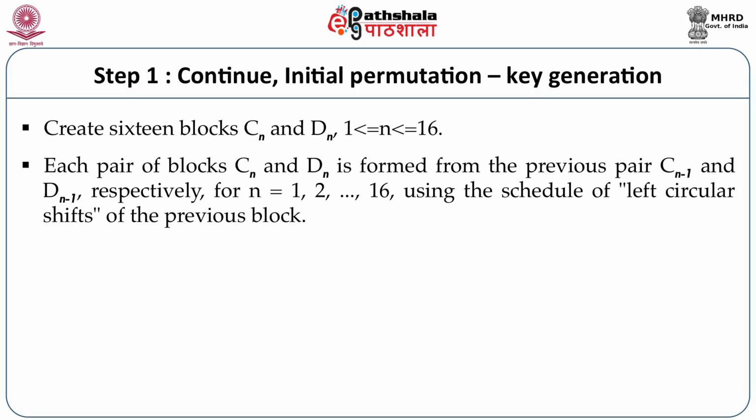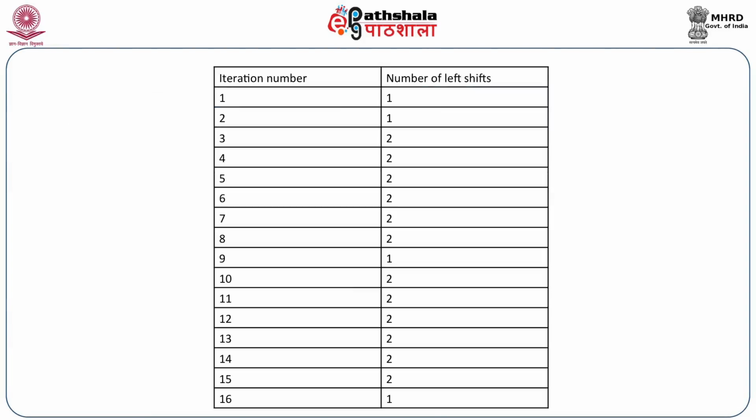What is the formula for generating the round keys? We need to perform left circular shifts. For example, if we are given C0 and D0, and we want to get C1 and D1, we have to perform one left circular shift.